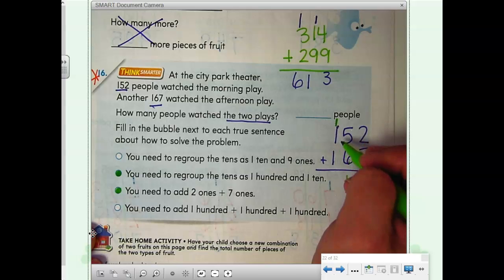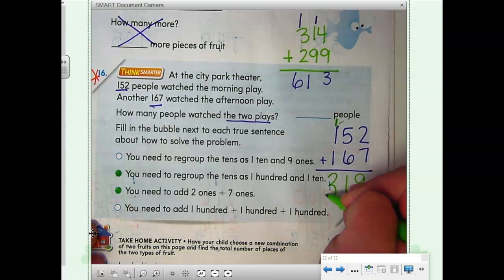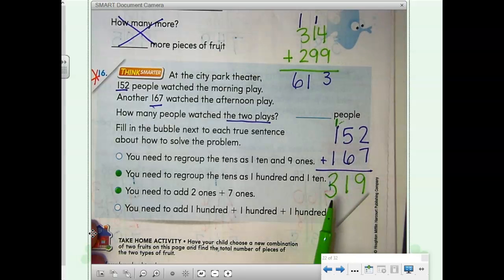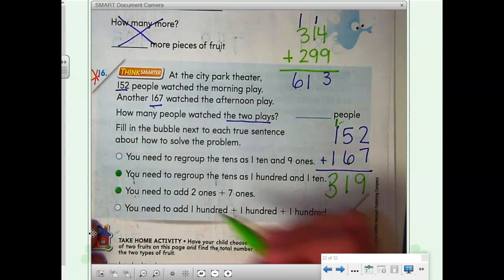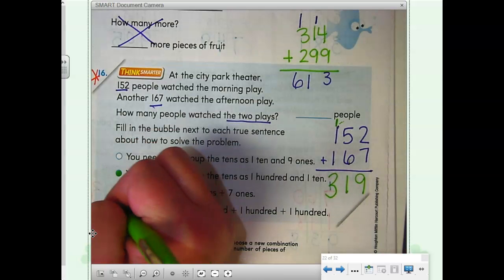All right, and then in the hundreds place, we're going to add 1 plus 1 plus 1, which is going to give us 3. All right, the answer is 319. So we are going to add 100 plus 100 plus 100.